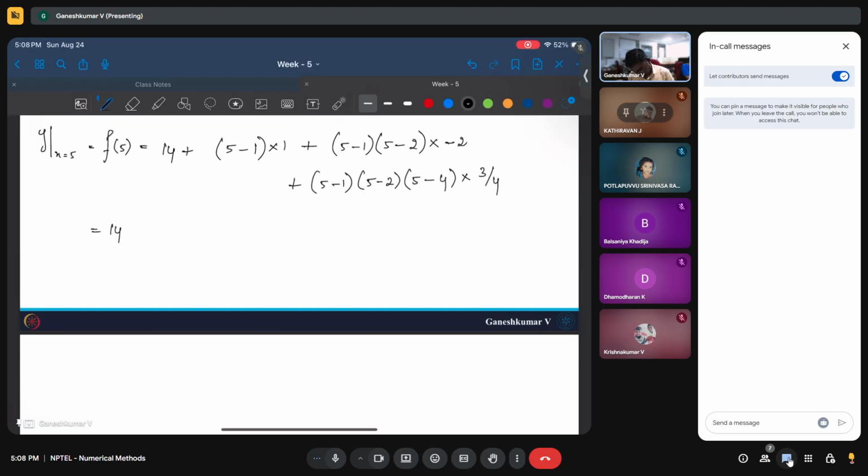14 plus 4 plus 5 minus 2 is 4, 4 3 is 12, 12 minus 24, and then this is going to be again 4 3 is 12, 12 into 3 by 4. So this is going to be simply 9.